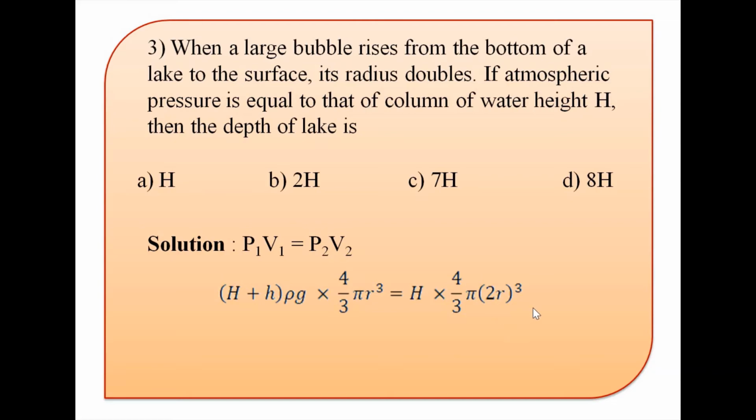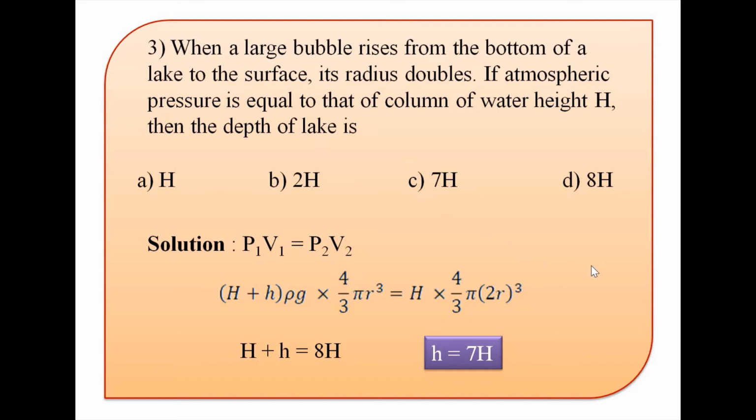Solving this step, we get the simple form: capital H plus small h is equal to 8 into capital H. Taking the small h term outside, we get small h is equal to 7H. So option C is correct.